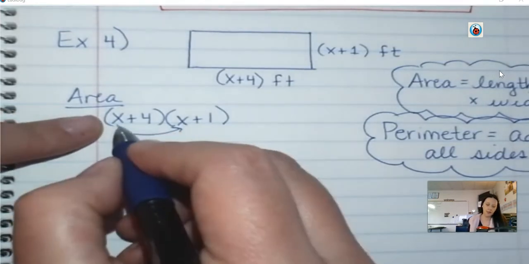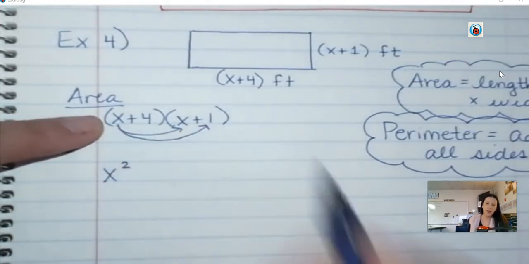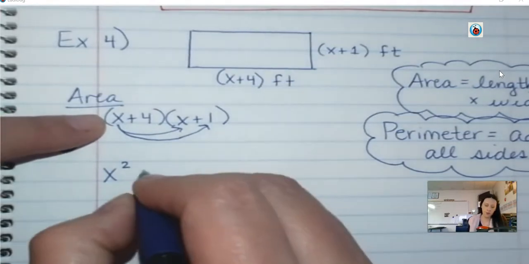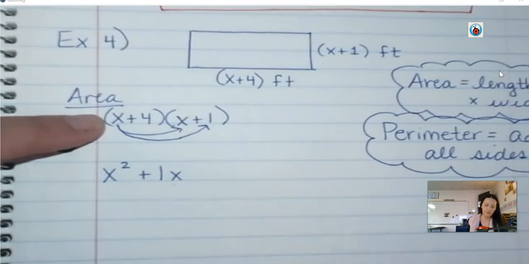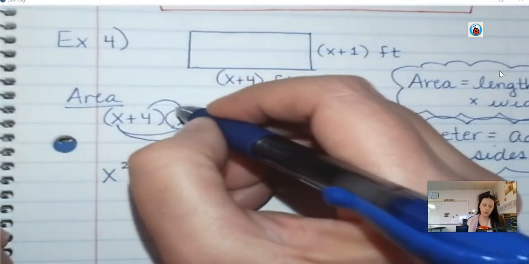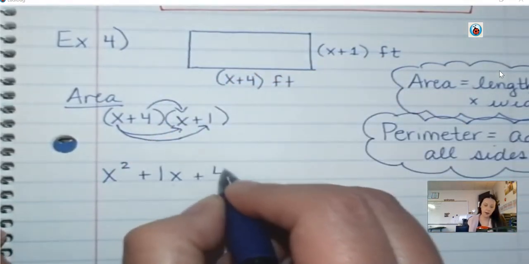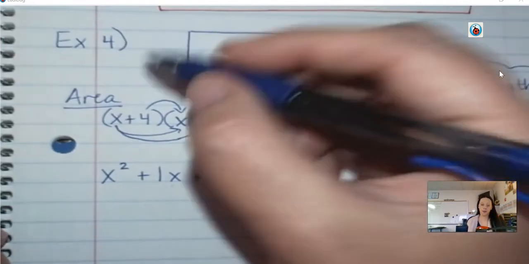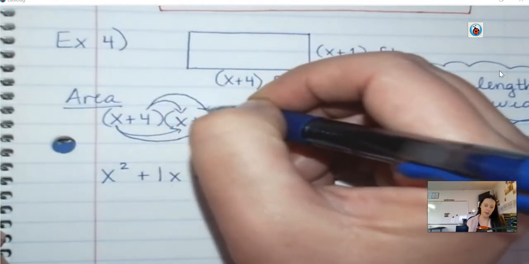Then the O stands for the outer terms: x times 1 is just 1x. Then the inner two terms, 4 times x, that's 4x. And then last term times last term, so 4 times 1.